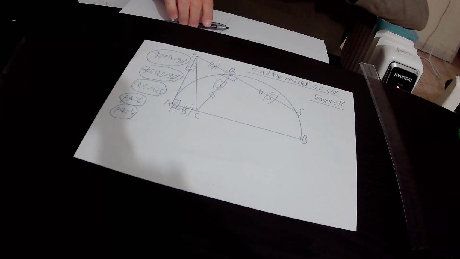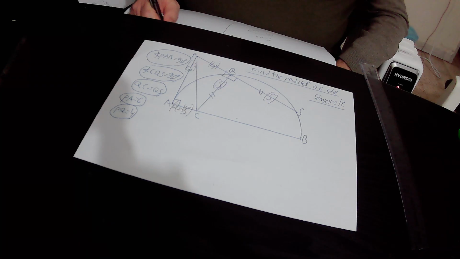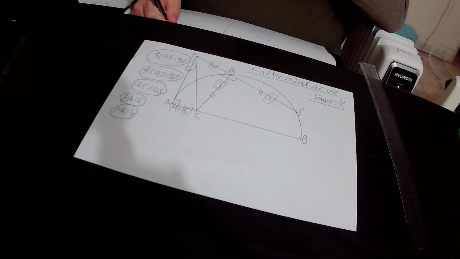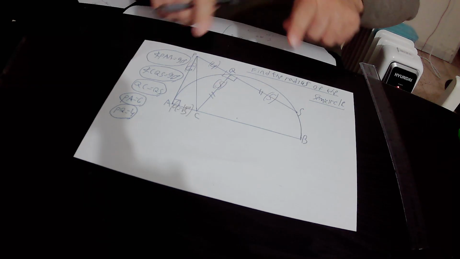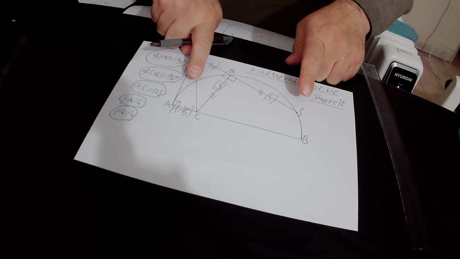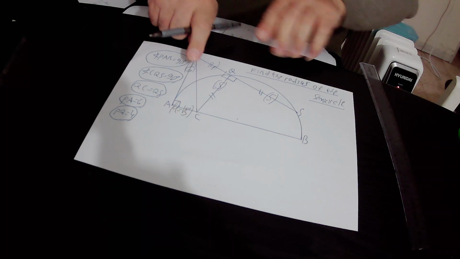So if we define the radius of this semicircle as x, then the diameter AB must be equal to 2x. So AB equals 2x, AC equals the square root of 5, and CB in total equals AB minus AC. That is to say, CB equals AB, that is 2x, minus AC, that is the square root of 5. So in total CB equals 2x minus the square root of 5 units.